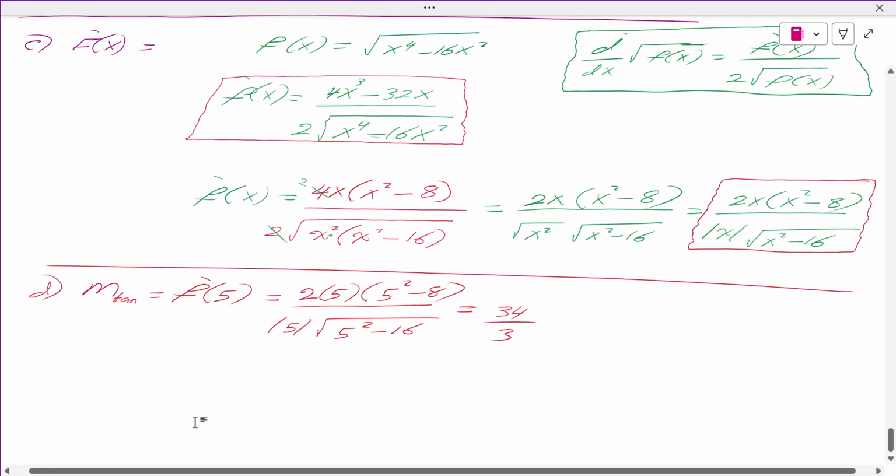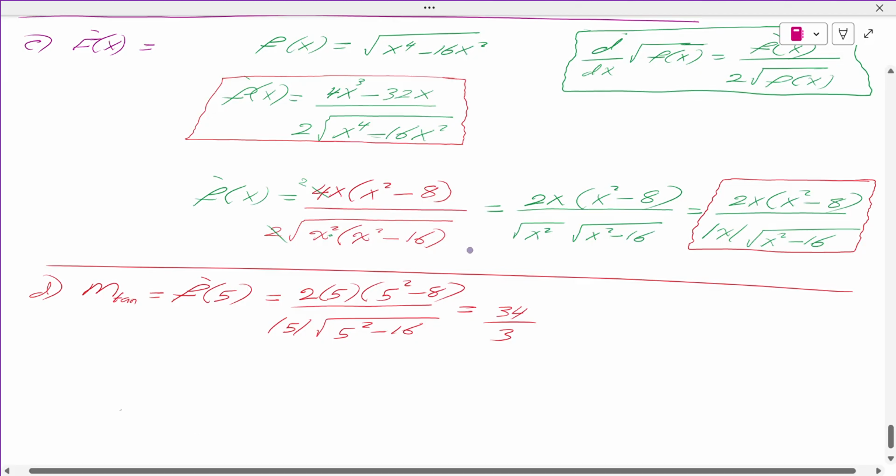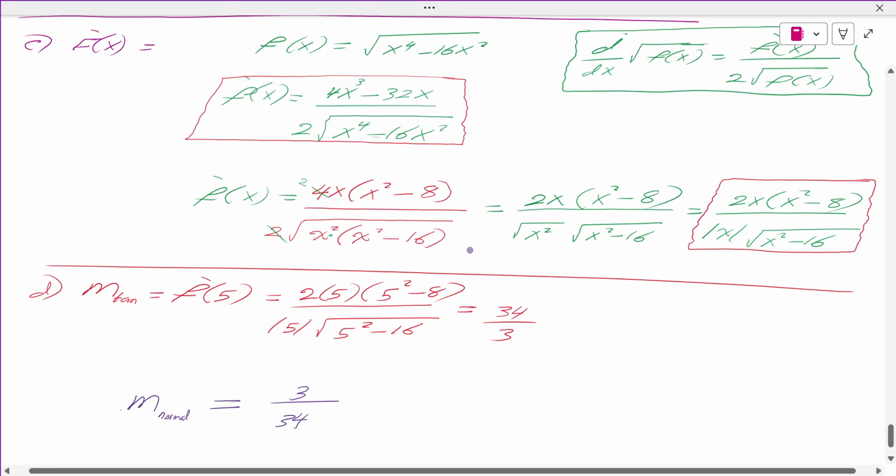This is the slope of the tangent line. Now the slope of the normal line, so m for the normal line, will be the negative reciprocal of this slope of tangent. Yani the slope of the tangent is 34 over 3. The slope of the normal will be the reciprocal, yani 3 over 34, and change the sign.